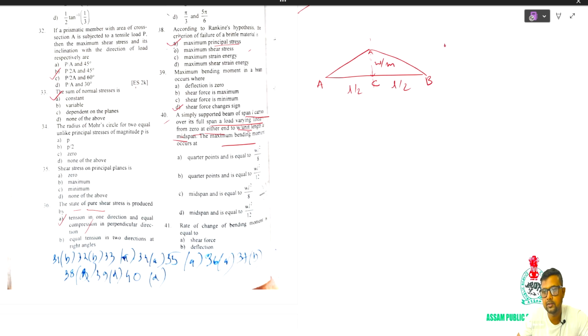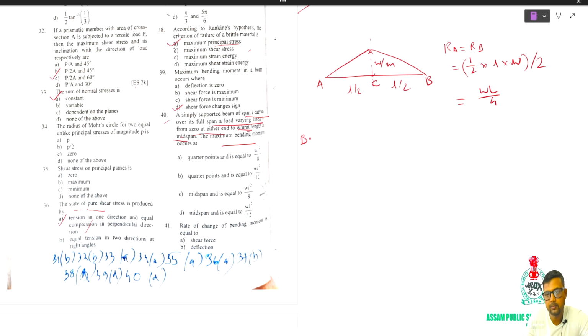Now let us find the reaction. RA is equal to RB, obviously, which is half into L into W by 2, that is WL by 4.